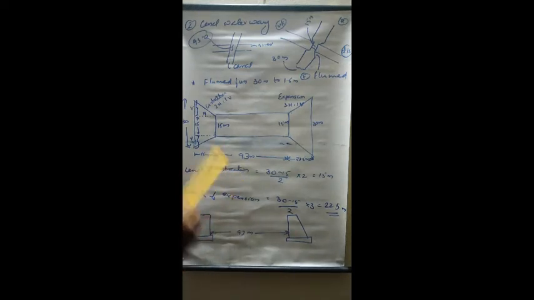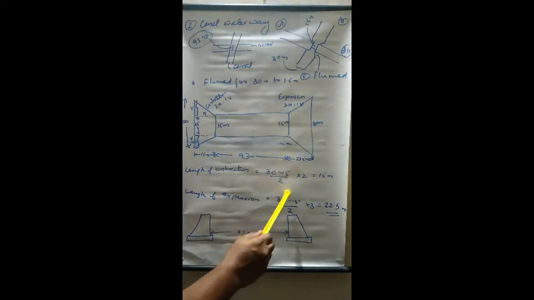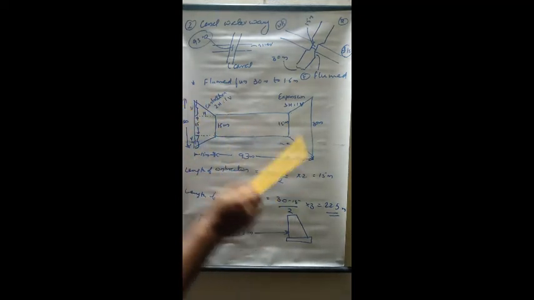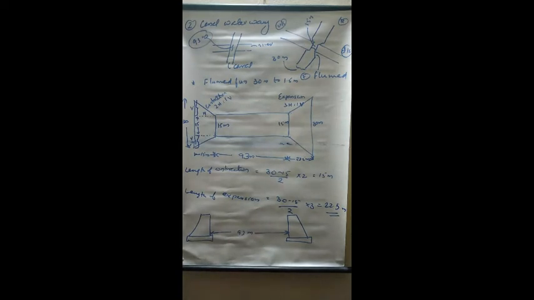To get the horizontal length, we multiply the vertical length by 2. Why? Because the ratio of horizontal to vertical is 2 horizontal to 1 vertical.